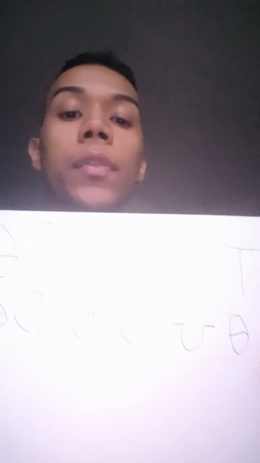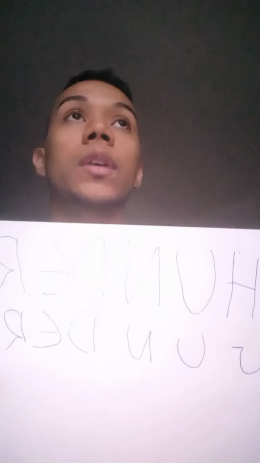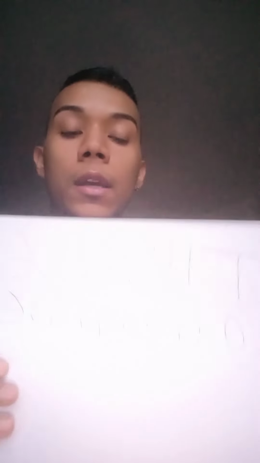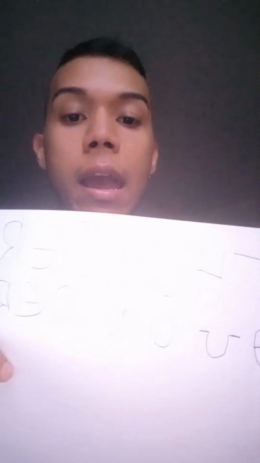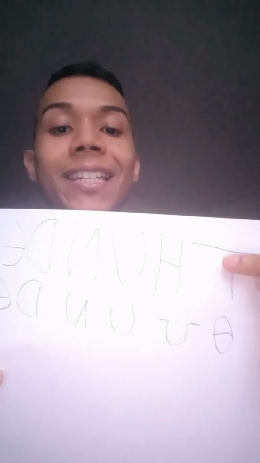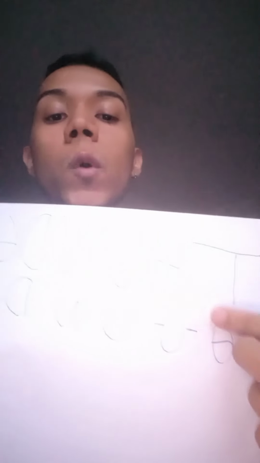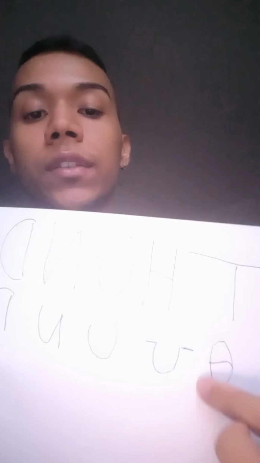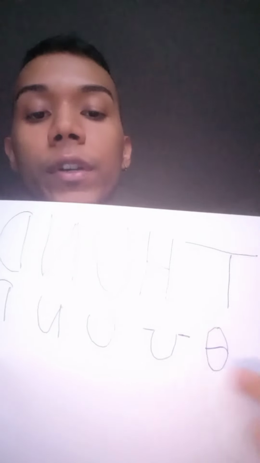The next word that is kind of easy to explain this topic is thunder. Thunder, we know, is lightning that comes across the sky when it's raining. So here is the word, and in the phonetic alphabet, the TH at the beginning of the word changes drastically, and it changes to these two symbols over here.